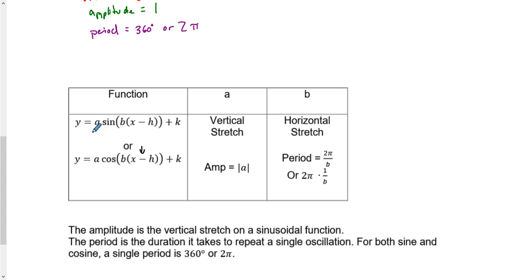If you have a number in front of a sine or a number in front of a cosine, it's known as a vertical stretch, which means on a vertical scale, it's going to be getting bigger. Now, the amplitude is actually affected by that vertical stretch. The symbol for it is absolute value.